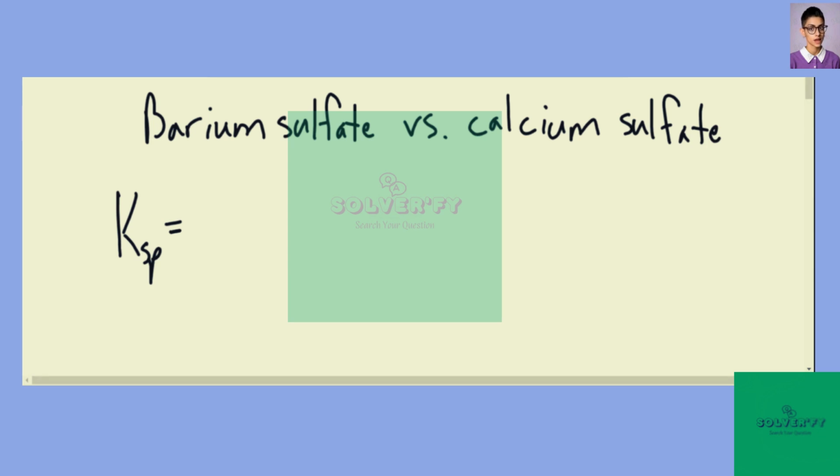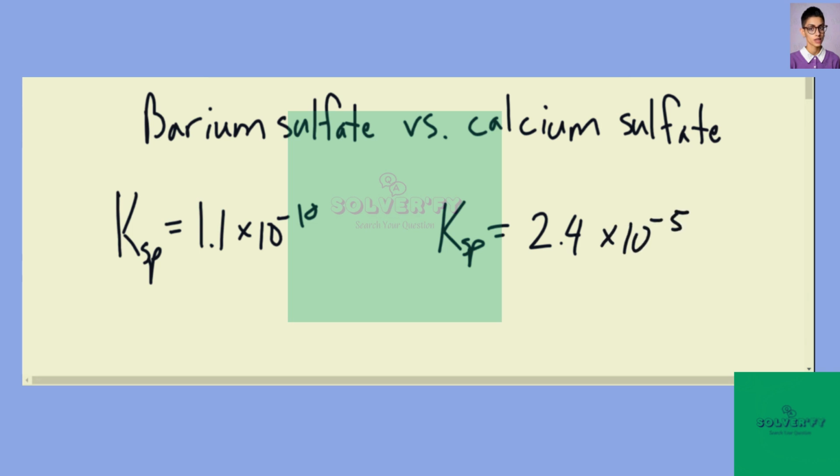The Ksp value for barium sulfate is 1.1 times 10 to the negative 10th, and for calcium sulfate, its Ksp value is 2.4 times 10 to the negative 5th. So that means that this one is greater. The calcium sulfate has a greater Ksp value, so this one is more soluble.